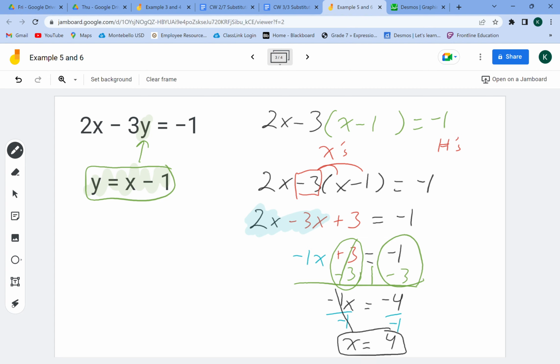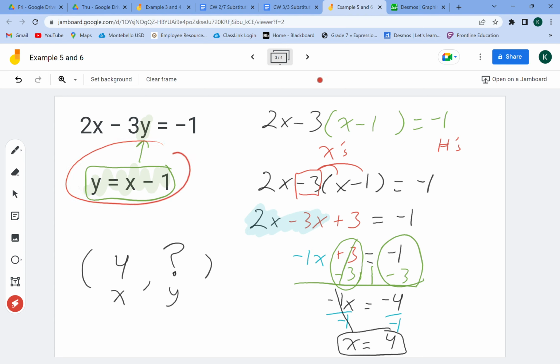Just like on the previous problem, you want your ordered pair to be your solution. So you have the x value, which is 4, but we don't know what the y value is, so that's our question mark. So I'm going to figure it out. You could plug in the x either in the first equation or the second equation.